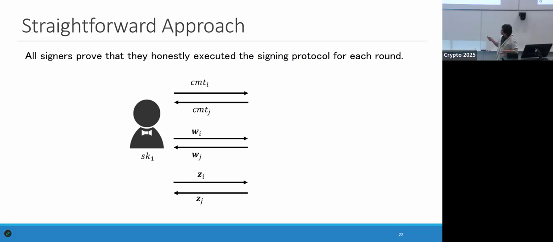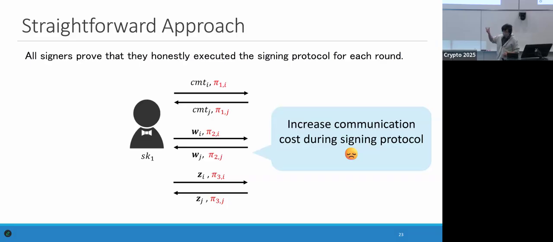So each signer outputs the protocol message and proofs. Then a signer checks the validity of the commitment and the validity of proofs, and if all proofs are valid, moves to the next round. But these attached proofs increase the communication cost during the signing protocol.